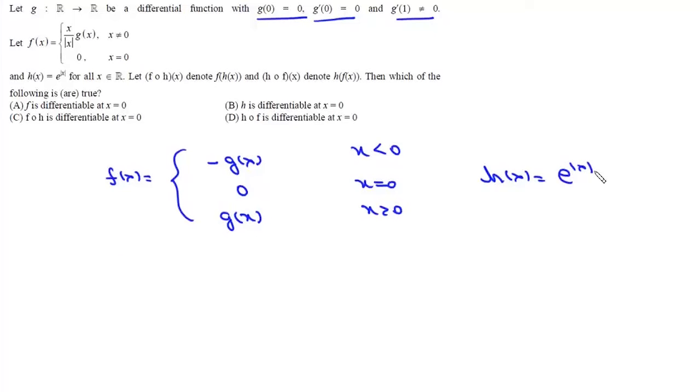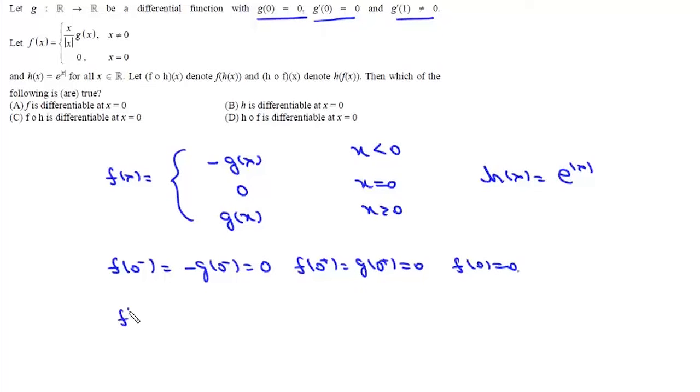Now if we look at this f(x), then f(0 negative) is minus g(0 negative), which is 0, and f(0 positive) is g(0 positive), and that is 0 since g(x) is continuous at x equal to 0 and f(0) is equal to 0. That means f(x) is a continuous function.